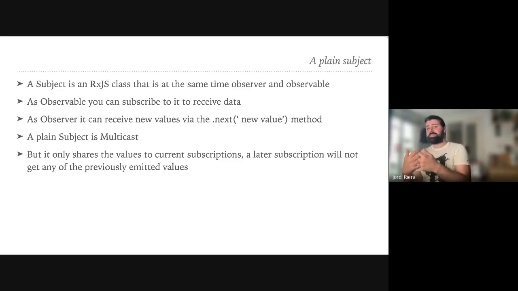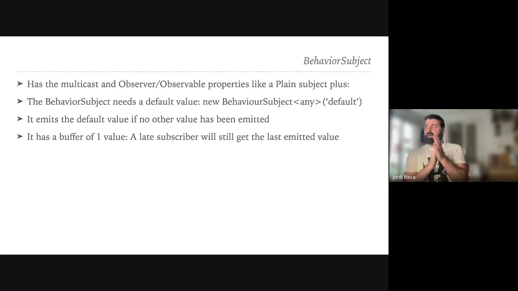But there are other cases, however, when you always want to keep one value available. For instance, a case is when you're trying to manage or begin to manage the state of the application. You always want to provide one state, one available value. For that reason, it's very convenient to use the behavior subject.